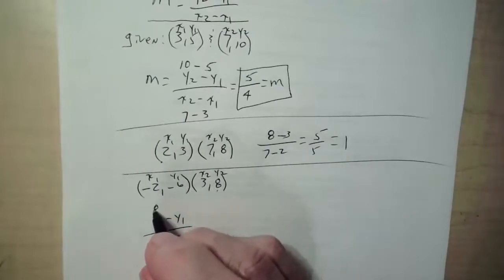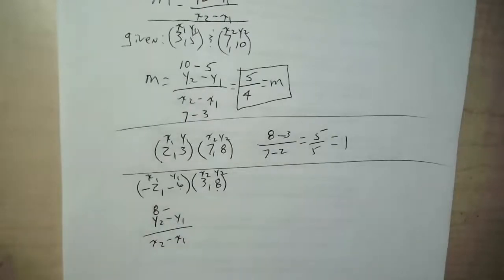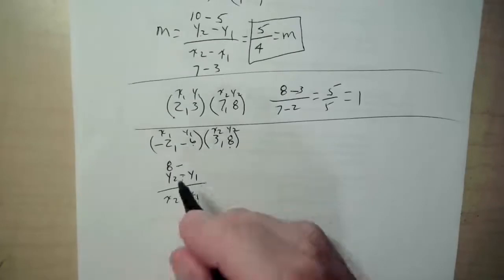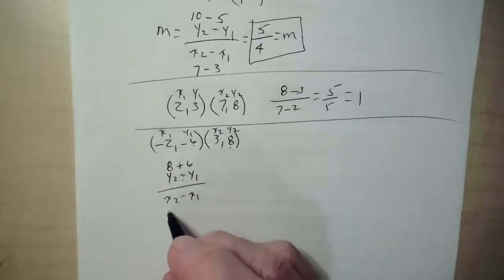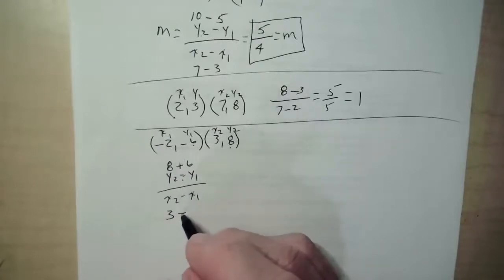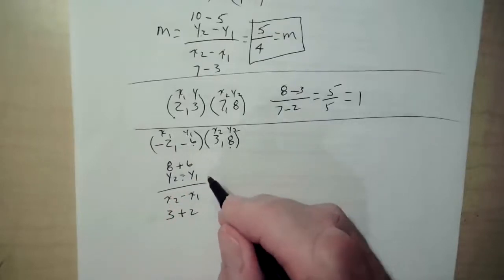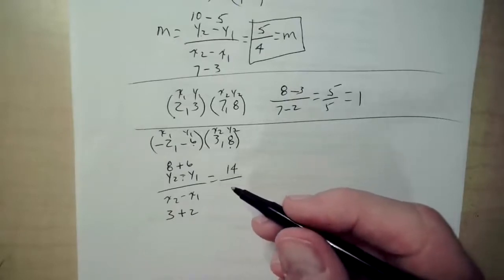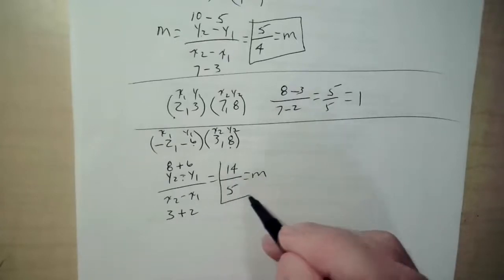Our y2 is 8 minus a minus 6. Now remember, minus also means the opposite of. So what is the opposite of negative 6? Positive 6. Now, x2 is 3 minus x1. Again, minus a minus is a plus, or the opposite of negative 2 is positive 2. So we have 14 over 5. And that's our slope.